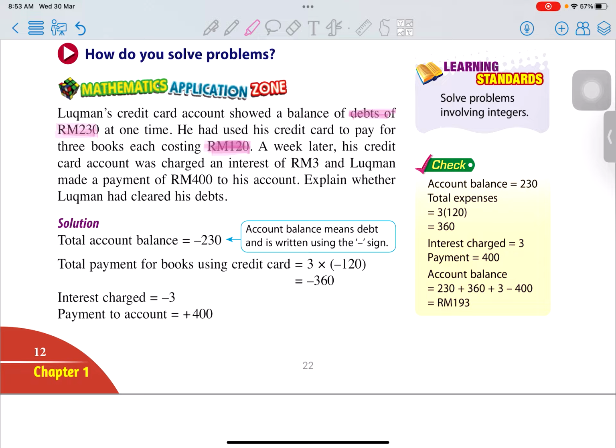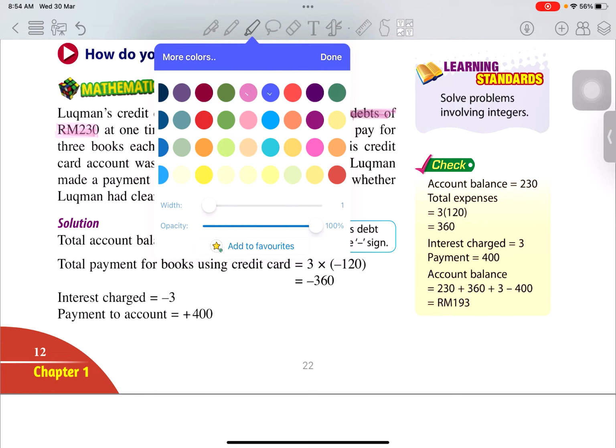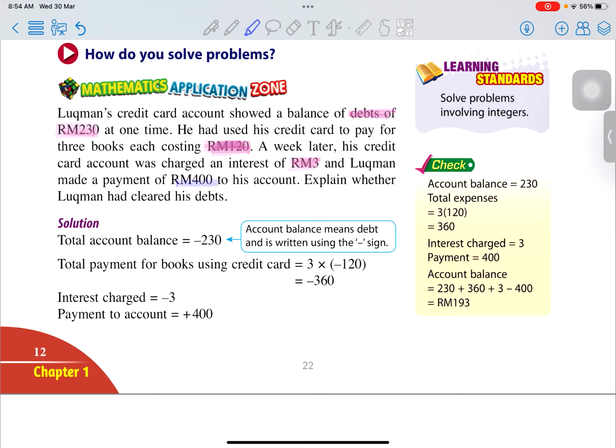And then after that, in his account, the bank charged interest of RM 3. So the 3 ringgit is also negative because Luqman didn't pay his debt yet. Now after that, Luqman made a payment of only 400 ringgit.